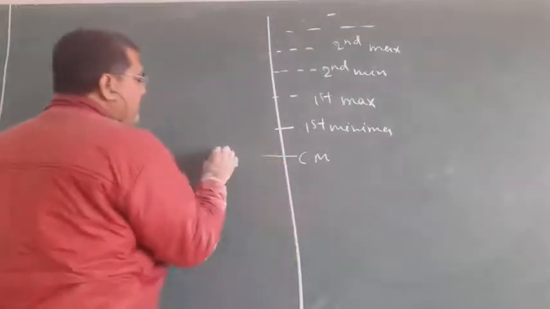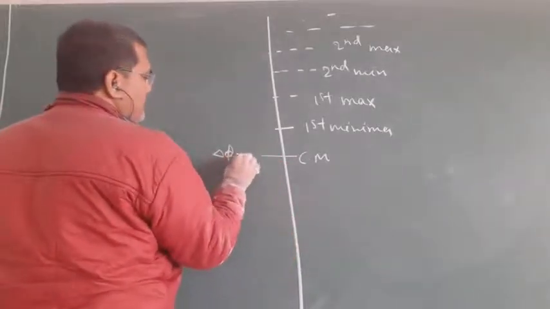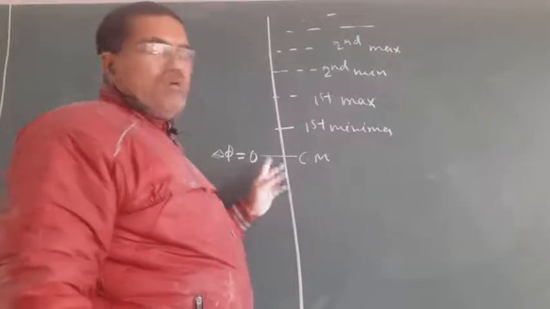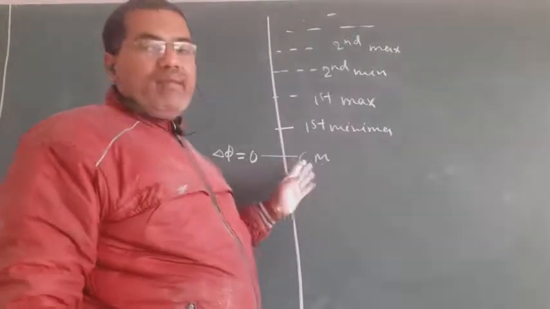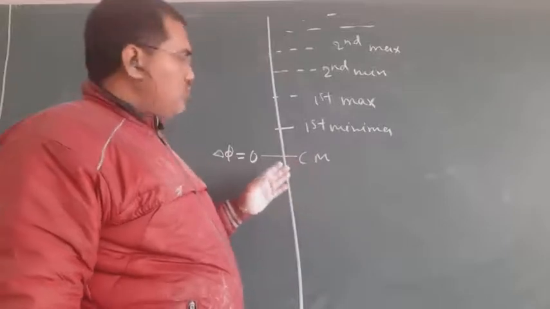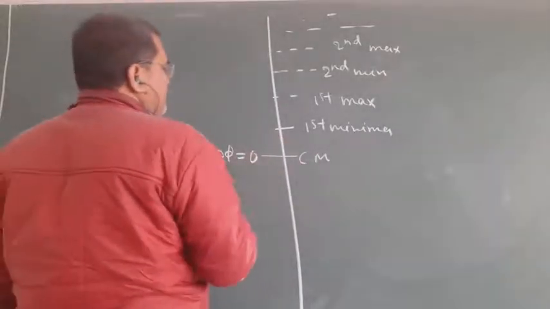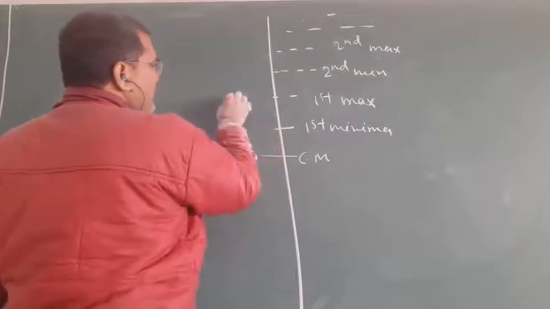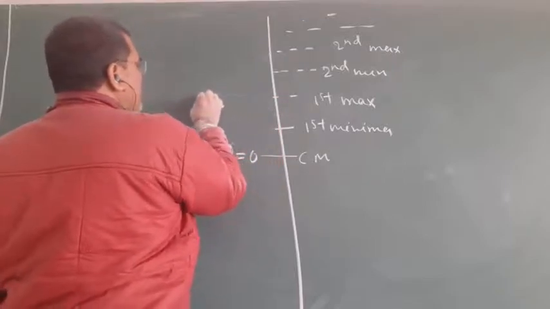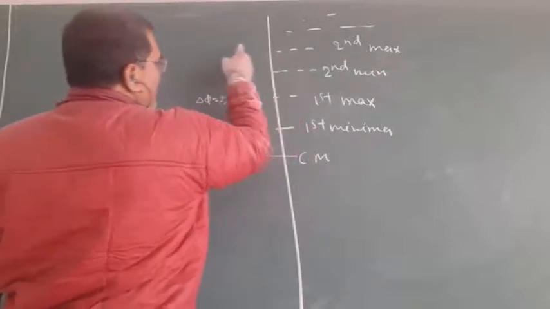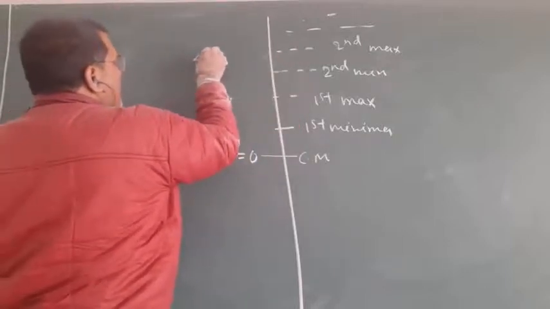What is the phase difference at the central maximum? It is 0. When the phase difference between two waves is 0, maxima are obtained by constructive interference. So maximum intensity is obtained here at 0, the first maximum at delta phi 2 pi, and the second maximum at delta phi 4 pi.